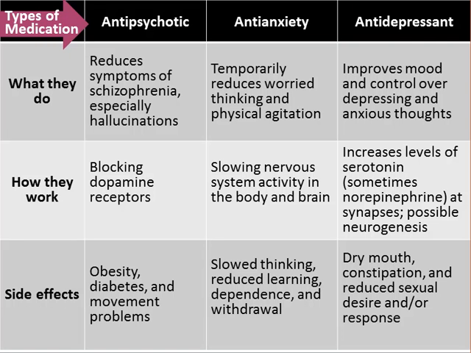Improve mood and control over depressing and anxious thoughts. How do they work? Increased levels of serotonin, sometimes norepinephrine, at the synapses. Possible neurogenesis. Side effects: dry mouth, constipation, and reduced sexual desire and/or response.